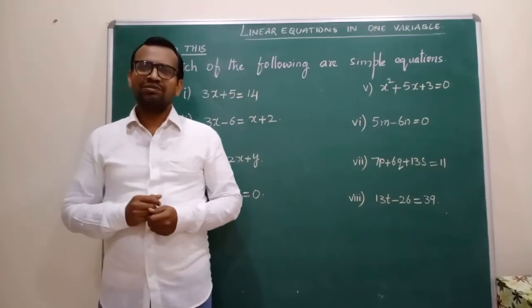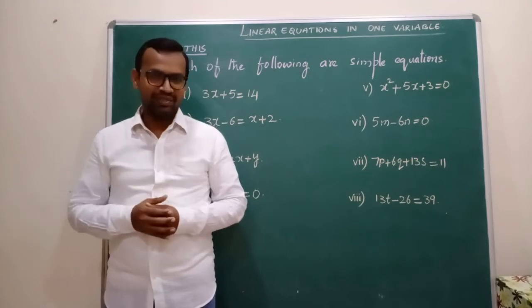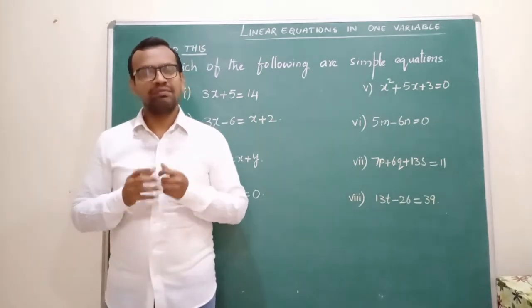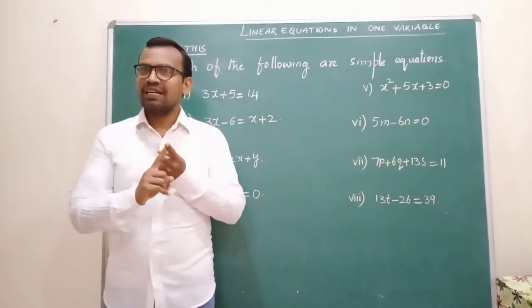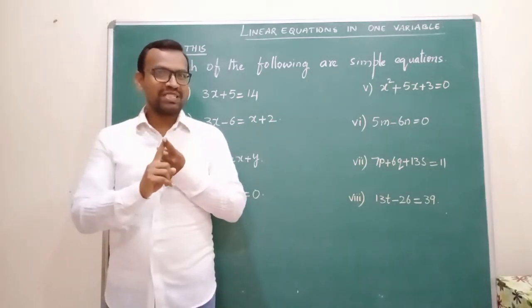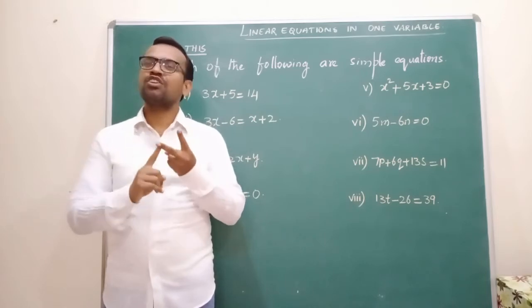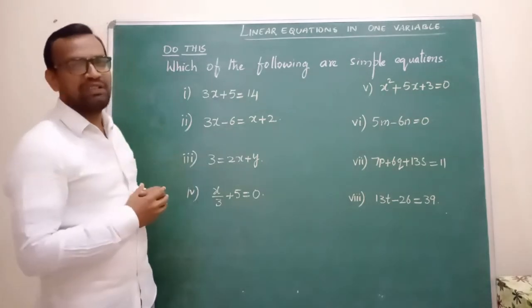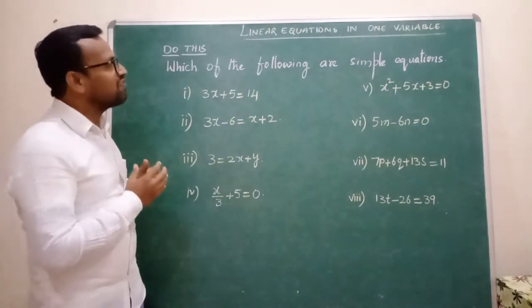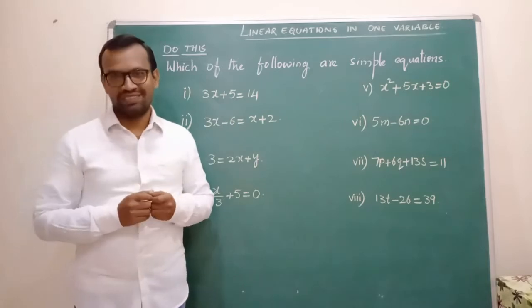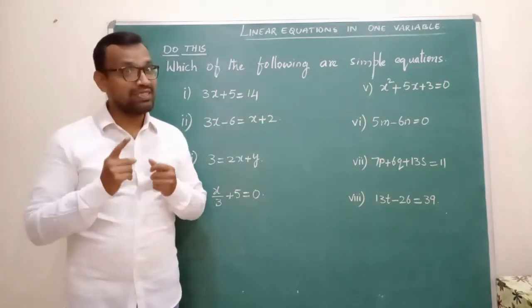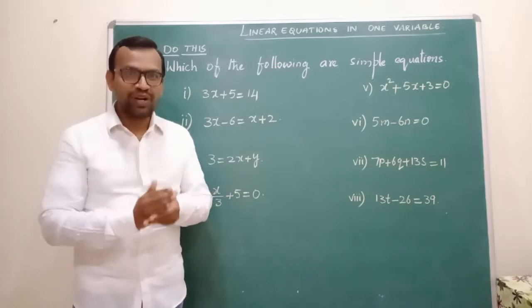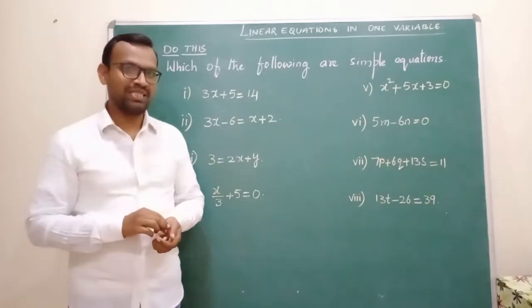So, we understood what a simple equation or a linear equation in one variable is. First, the degree of that equation must be 1, and second, it should have one variable in it. So, here we have a list of equations, and we have to find which of these are simple equations. Once again, a simple equation means it should have degree 1 and only one variable must be present.